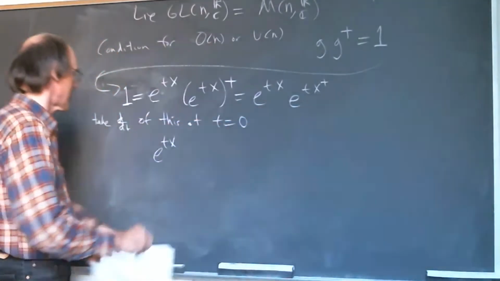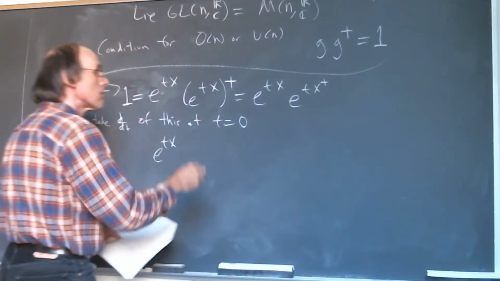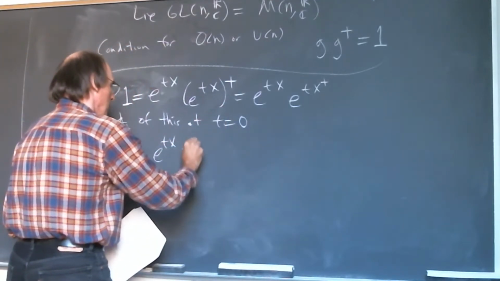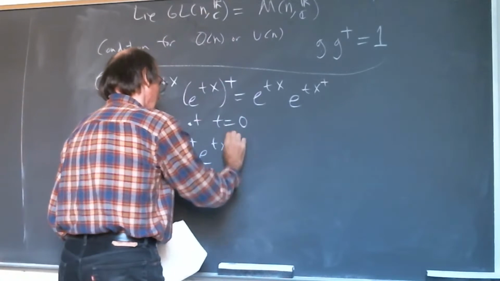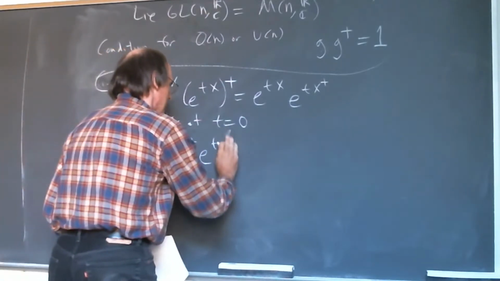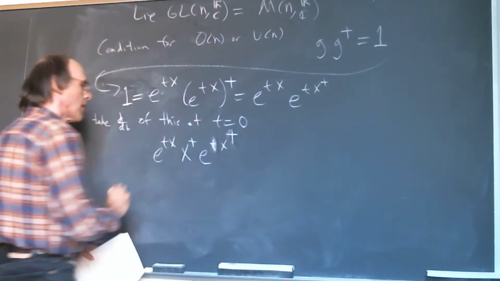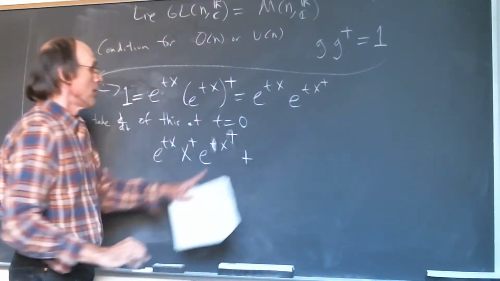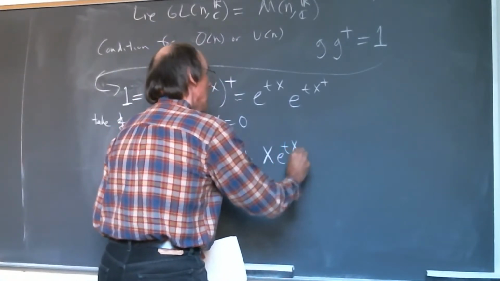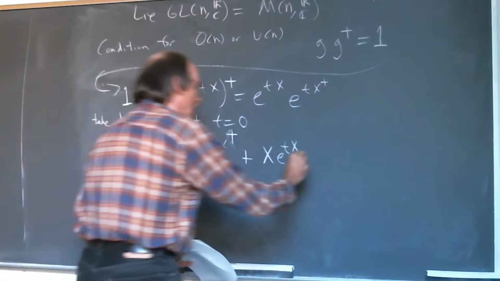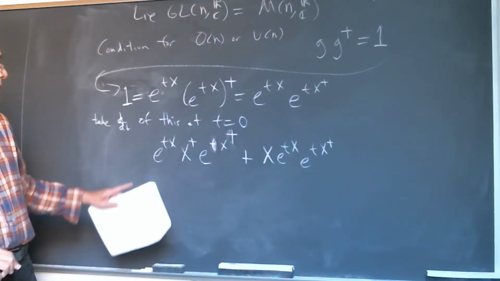So this times the derivative of this is e to the tX times X dagger, e to the tX dagger, plus X e to the tX times e to the tX dagger. This is equal to 0. Sorry, I really should make my daggers look different than t's.